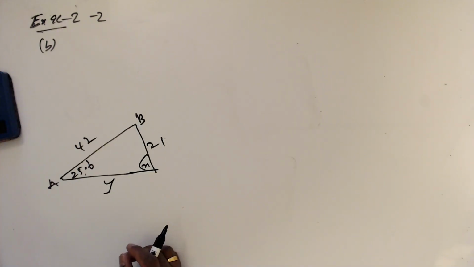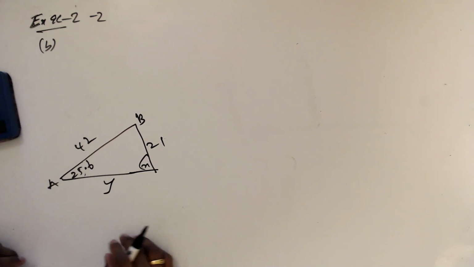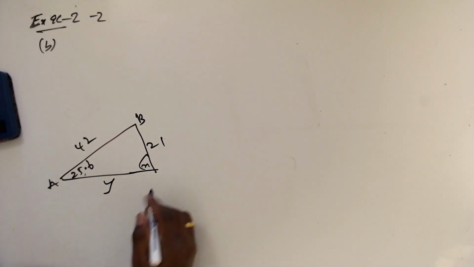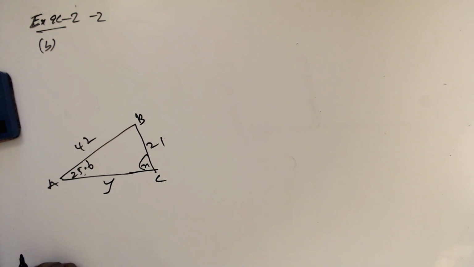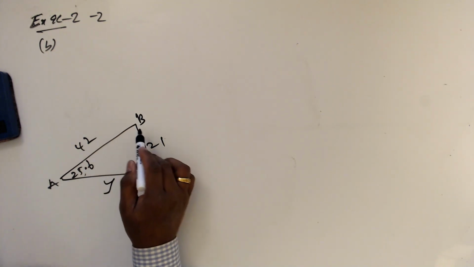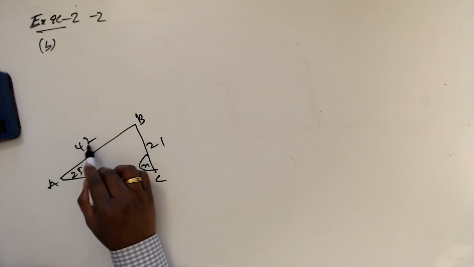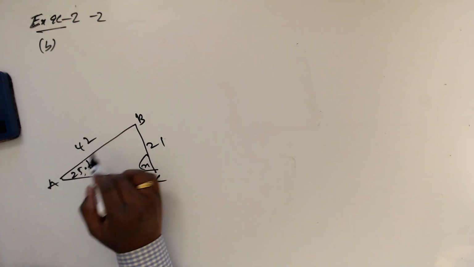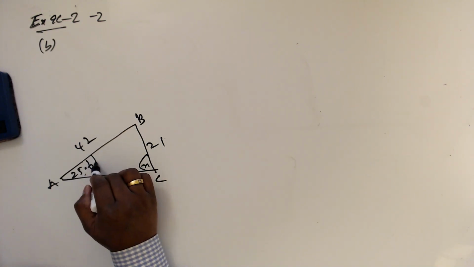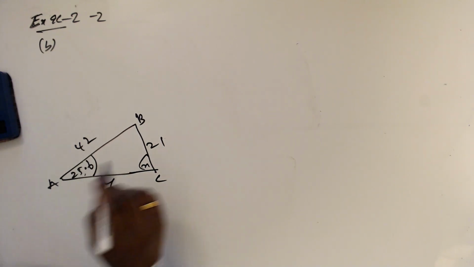Now this is part B. When you look at this triangle, this is ABC. This is also going to be the same. I can see two known distances, but this is more valuable because I know one angle here.